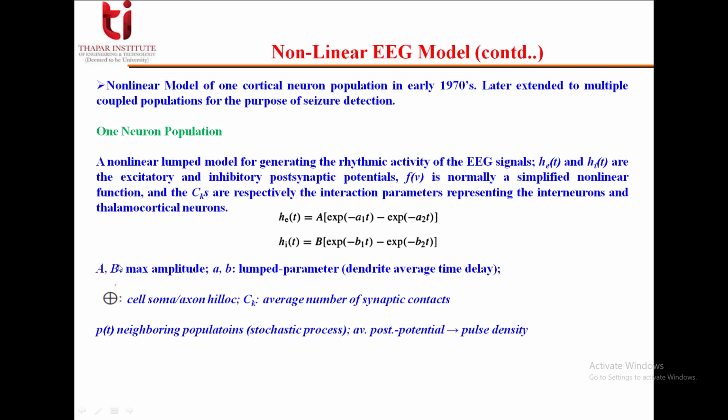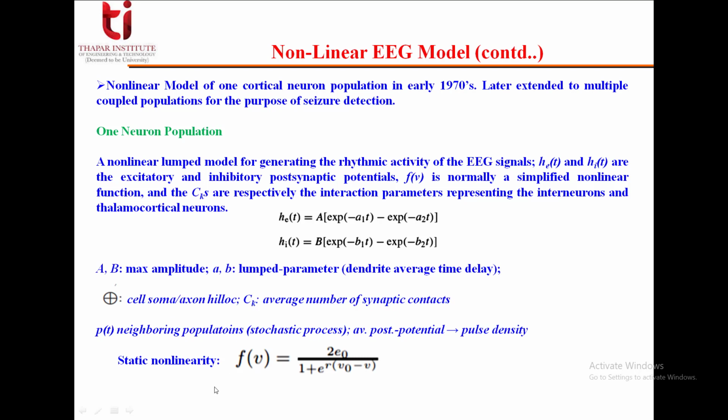Here A and B are the maximum amplitudes, and a and b are the lumped parameters, which, relating to neurons, are the dendrite average time delays. In the figure, this sign represents the cell soma or axon hillock, where all the inputs get accumulated, and the C_k are the average number of synaptic contacts. p(t) is from neighboring populations and is a stochastic process, and the average post potential will be equalized as pulse density.